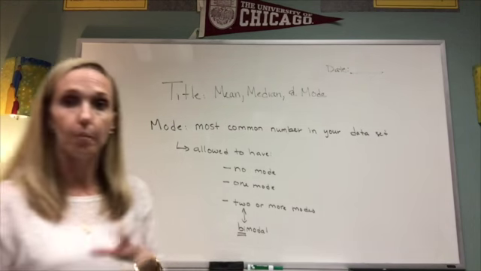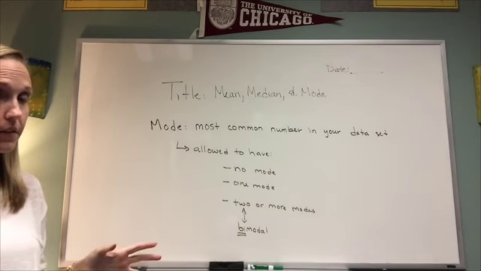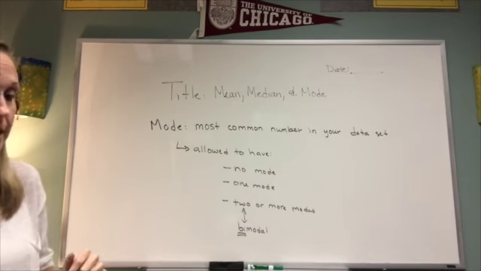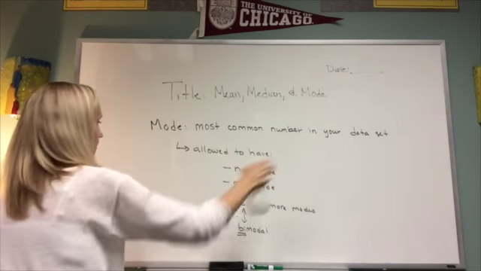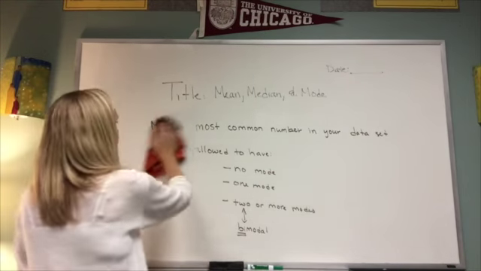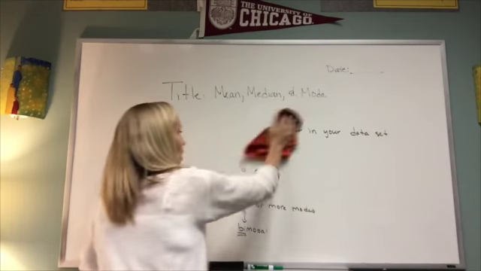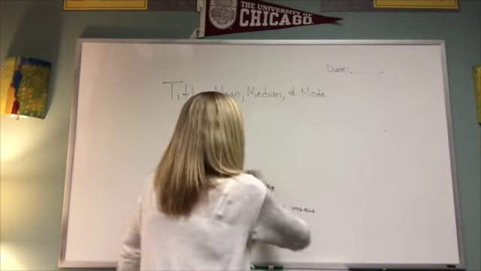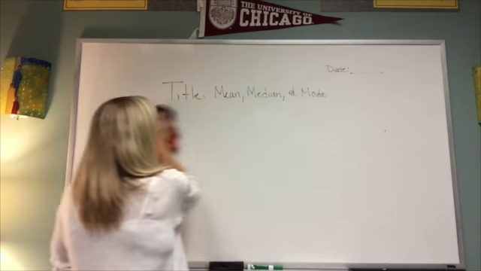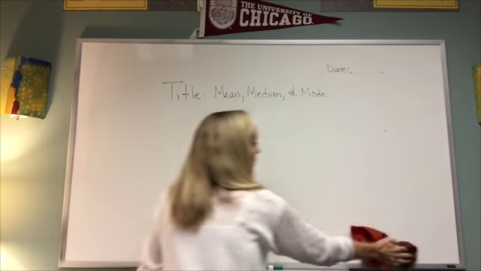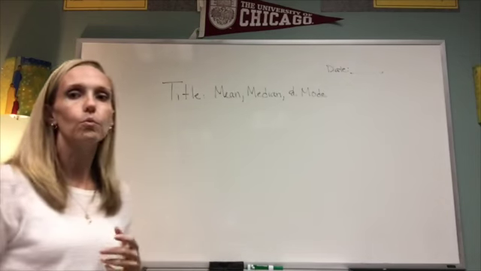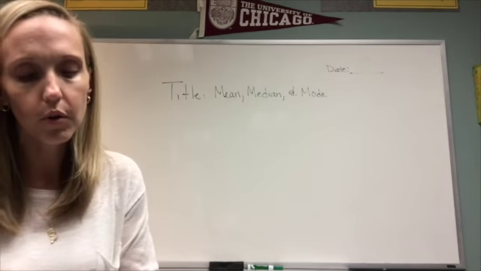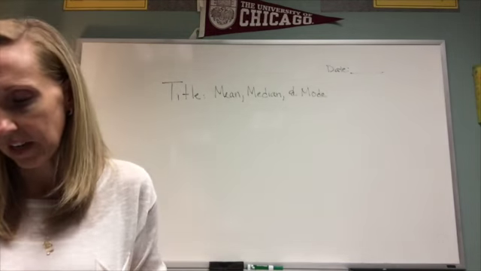Okay, so I'm going to erase. Again, hit pause if you need to write this down, because now we're going to do some examples. So I'm going to give you a data set where we're going to find all 3 of them. And sometimes, you know, it depends on what your data is as to if you want to look at the mean or the mode or the median to really understand the data.